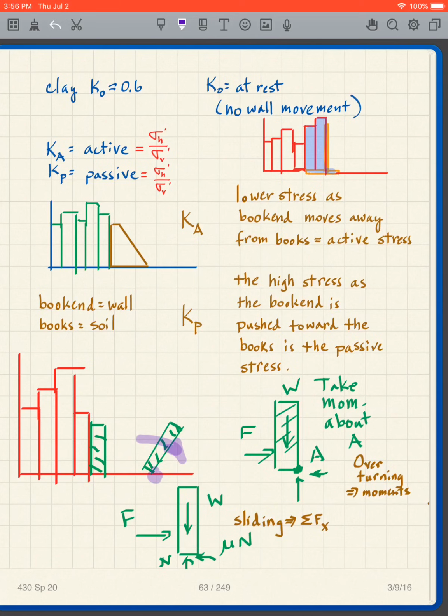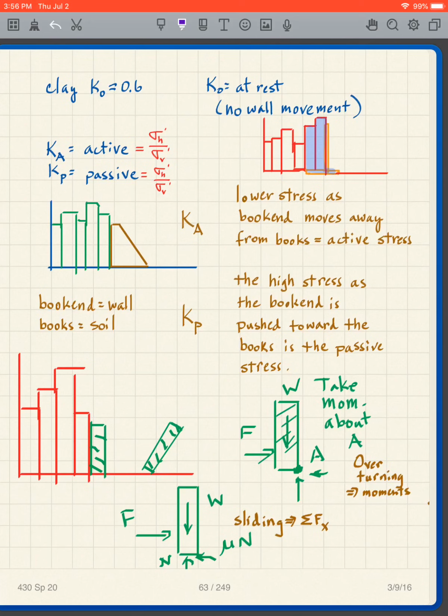And so we need two things from this bookend. It's got to be heavy, and it's got to have a wide base so that it doesn't overturn. So heavy to resist sliding, a wide base to resist overturning. And in this case, now what happens? When I look at this, I'm looking at a pivot about the point at the lower right-hand corner of it. And this is how we analyze this.